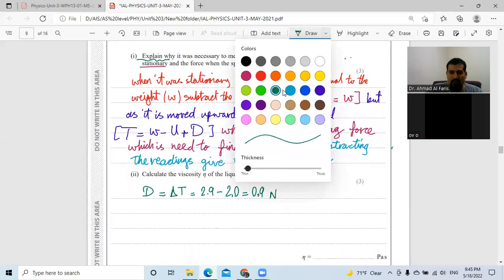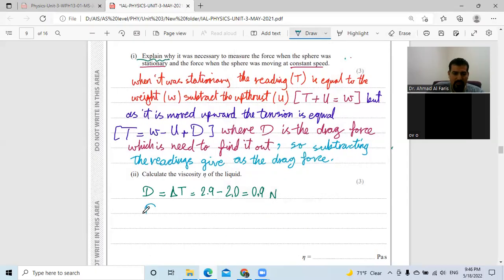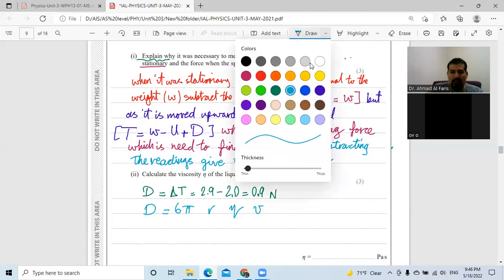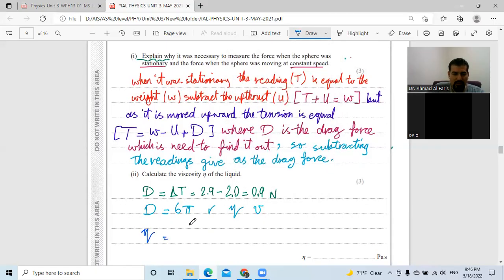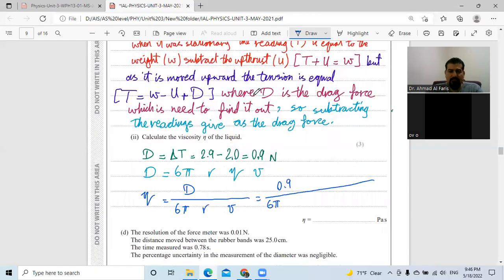And we also know that drag force equals 6 pi r eta v. We need to find eta. So eta equals the drag force divided by 6 pi r v, which is the drag force 0.9 divided by 6 pi. What is the radius?